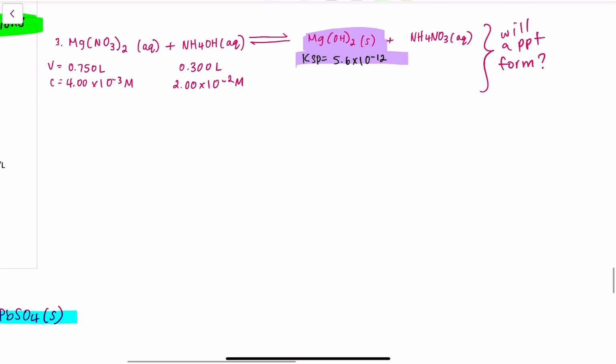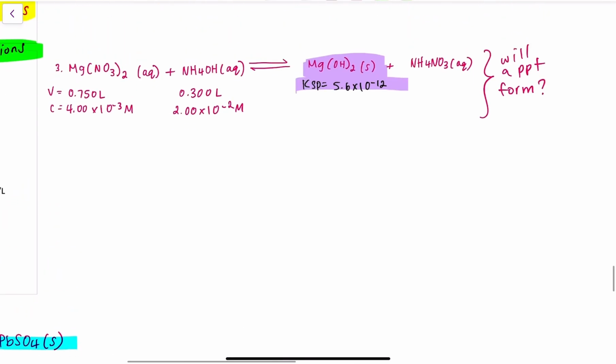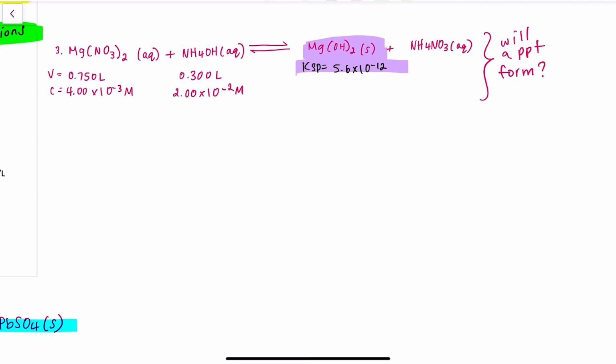So the first thing I'm going to do is, taking a look at my solid, I need to see the concentration of my magnesium ions and my hydroxide ions. So the magnesium ion concentration can be obtained from the first reactant.